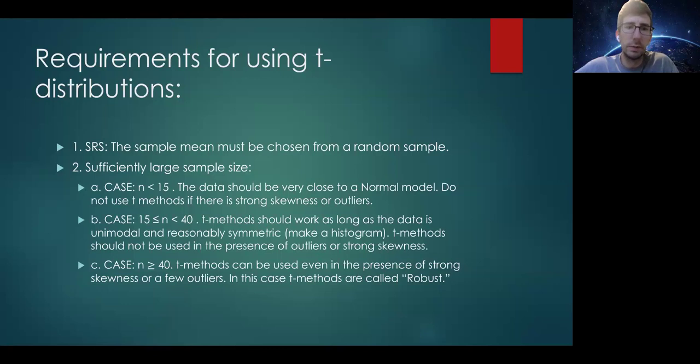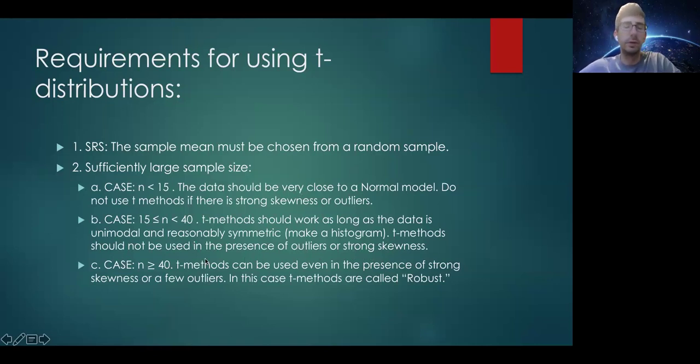But we still should not be using our t-methods in the presence of outliers or strong skewness. So here in this case, we can be a little less normal, a little skewed, but not strongly skewed, and we still can't have outliers in our data either.